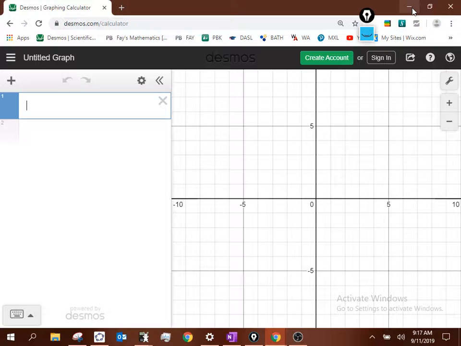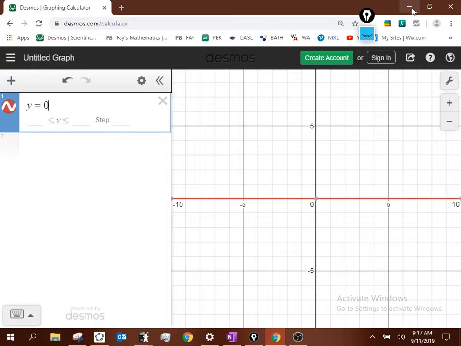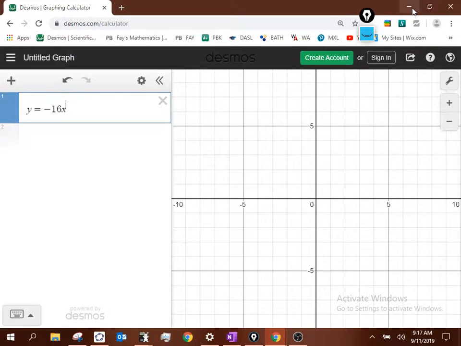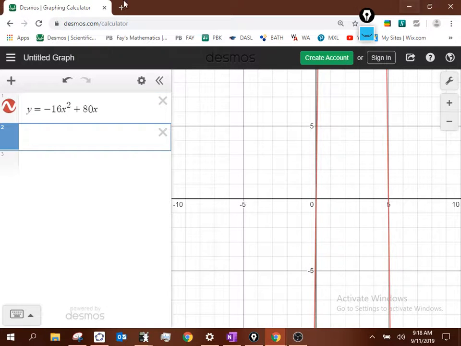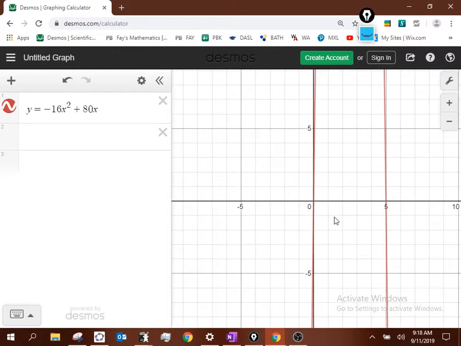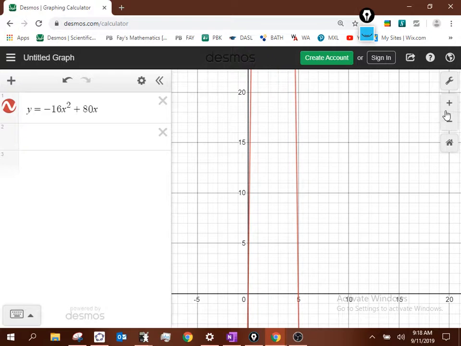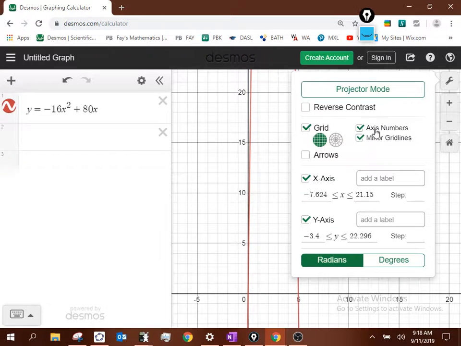All this is saying, guys, if I graph y equals negative 16x squared plus 80x (I have to use x instead of t), I get that graph. Now I'm going to mess with the x and y axes a little bit, because I'm looking for 64, right? So I need to go up a little bit.